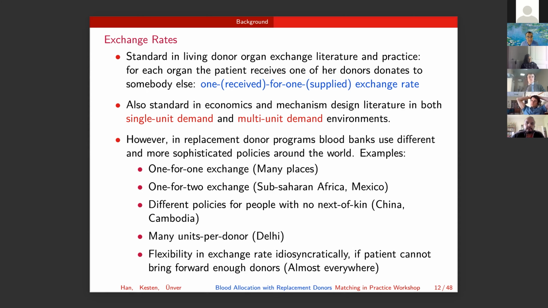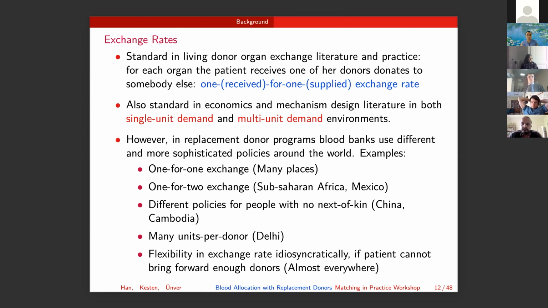And different policies for people with no next of kin exist in China and Cambodia. If you are from a different province, for example, and you are a guest worker in, let's say, Shanghai, then it's obvious from your registration that you don't have a next of kin around you. So people don't ask for a replacement donor.